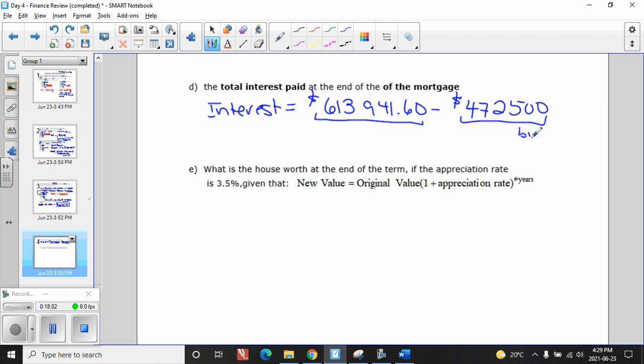So this was the borrowed amount, or the mortgage amount, and this was the total paid. If we do that subtraction, the answer I'm getting is $141,441.60. All right, so we've paid an extra $141,000 in interest.